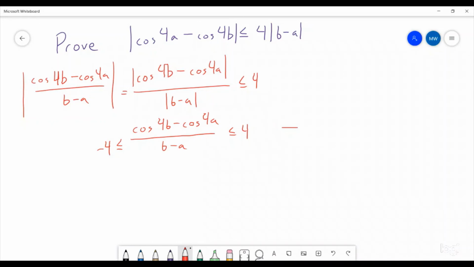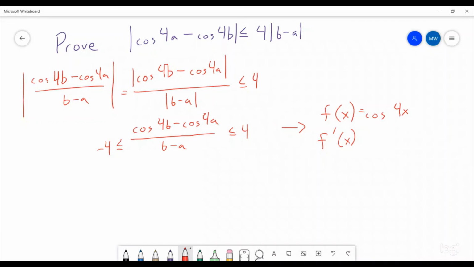So what's that function? So that means our function is just cosine of 4x, and the mean value theorem says the derivative anywhere has to be equal to that somewhere.